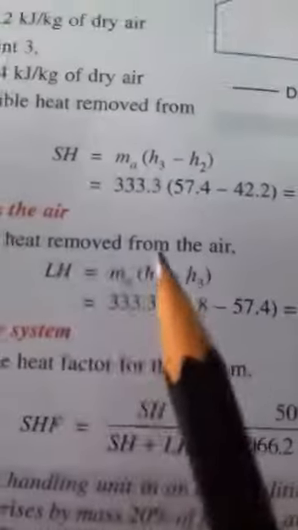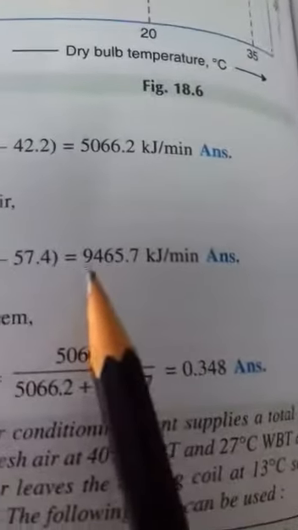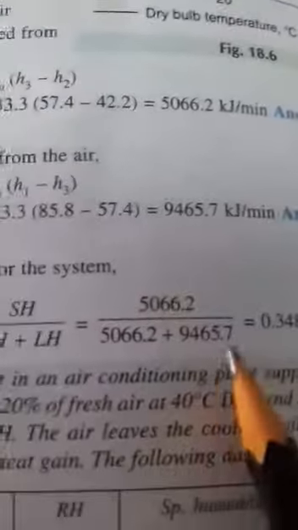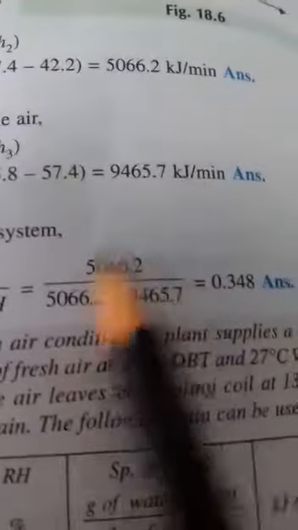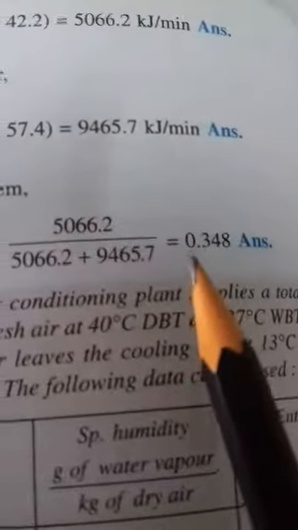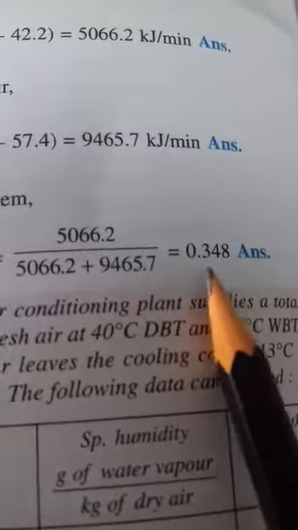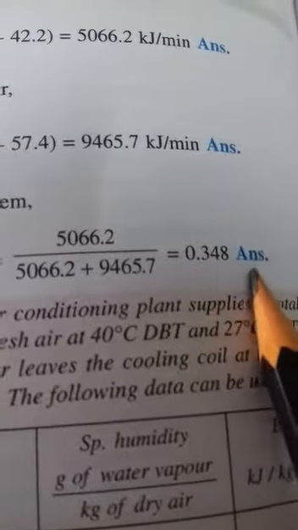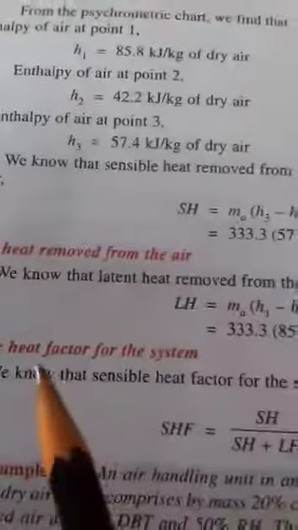So all three things have been calculated: the sensible heat removed from the air, the latent heat removed from the air, and the sensible heat factor. These three things have been asked in the question: find the sensible heat, the latent heat, and also the sensible heat factor for the system.